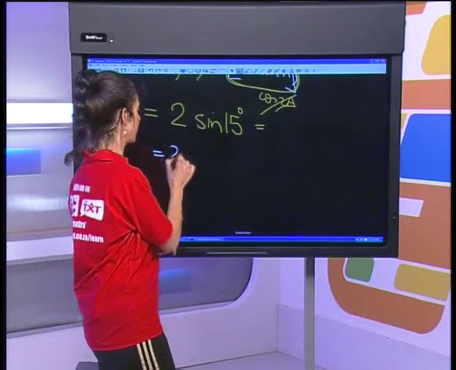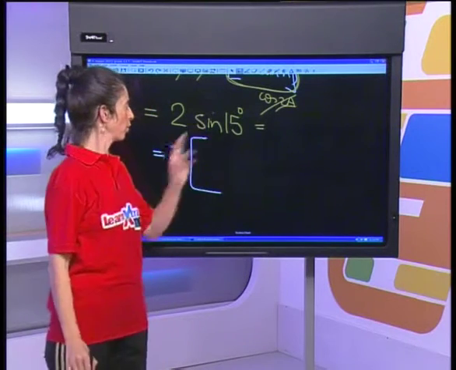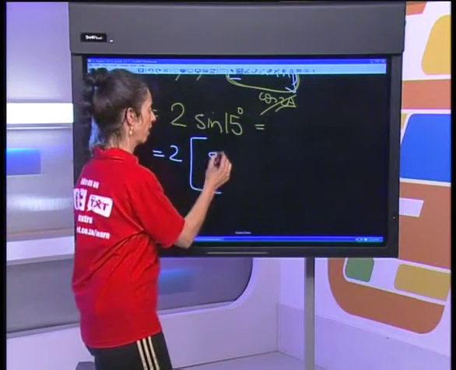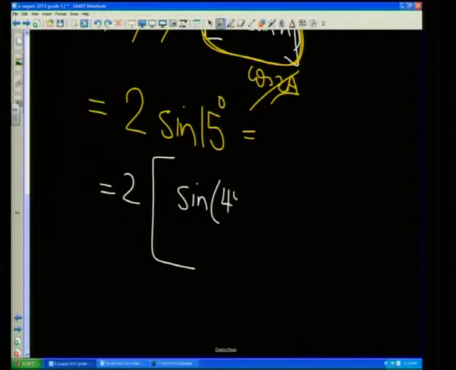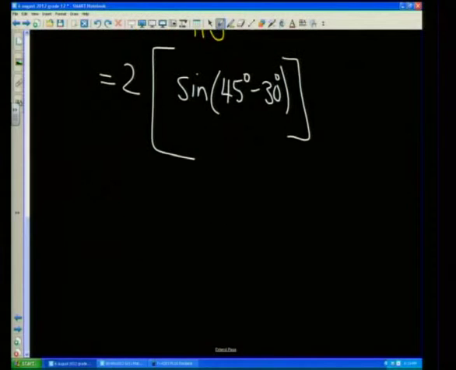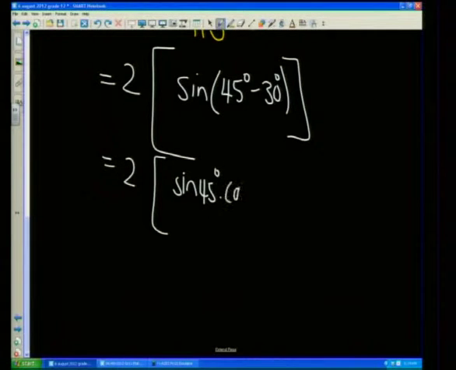Right, so let's look then at what we're going to do with the sine 15. So we've got twice, and I'm going to wait for that, because sine 15 is the same as sine of 45 minus 30. Okay, and now you've got a nice compound angle over here that you can just expand out. So we've got sine 45 cos 30 minus cos 45 sine 30. Again, this is in your formula sheet.